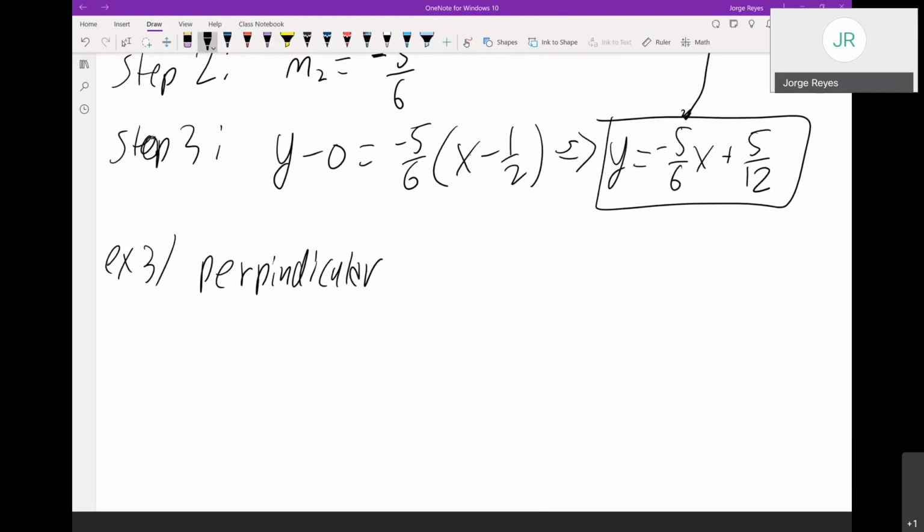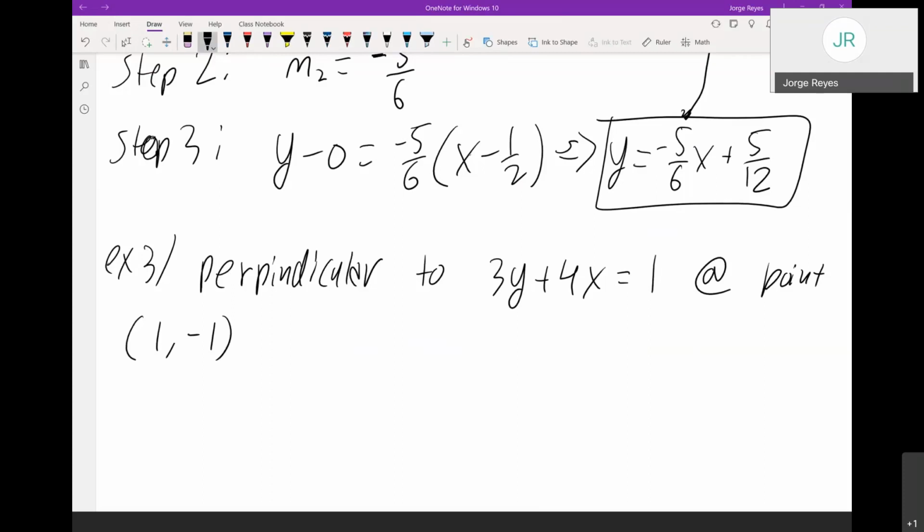Okay, so perpendicular to 3y plus 4x equals 2 at the point (1, -1).